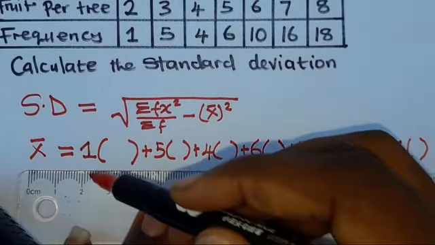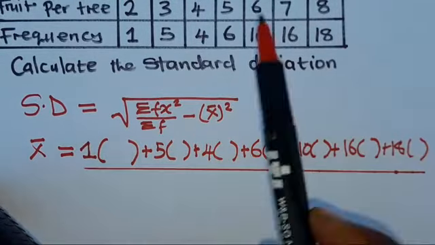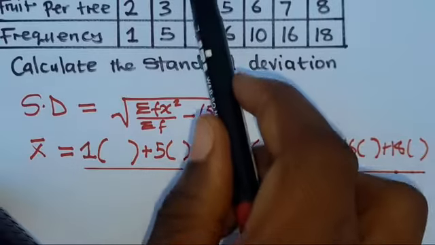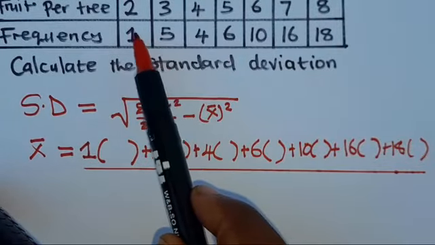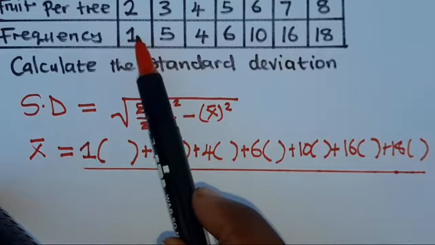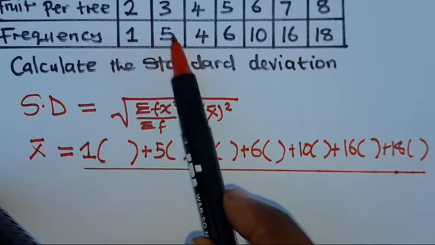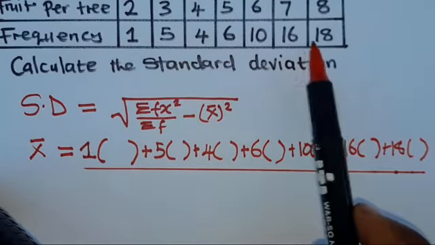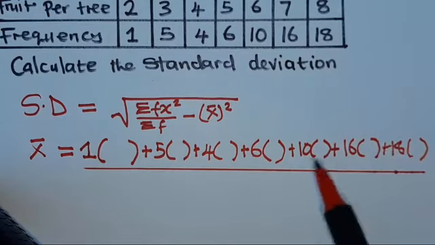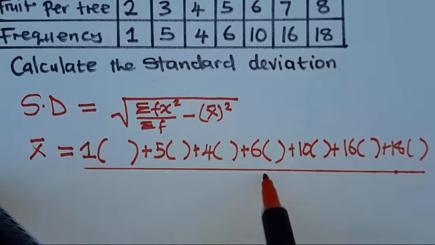Then everything divided by the number of fruits, which is 60, or you can just find the total frequency. If you add all the frequencies, this plus this, plus this, up to the last one, you get 60. So you divide by the number of observations, which is 60.